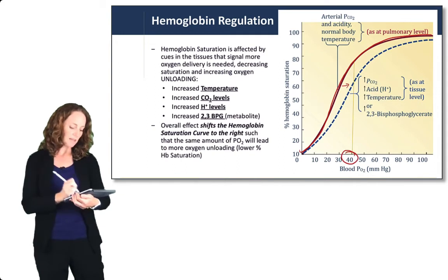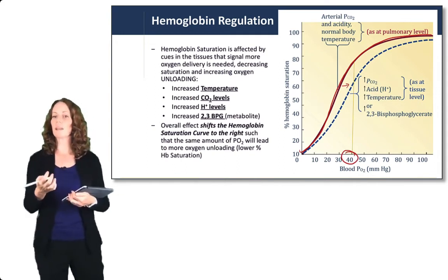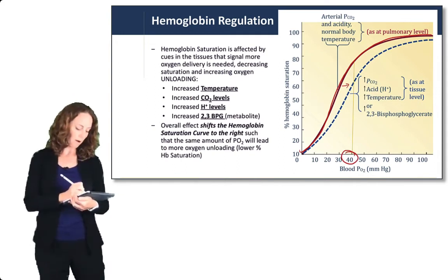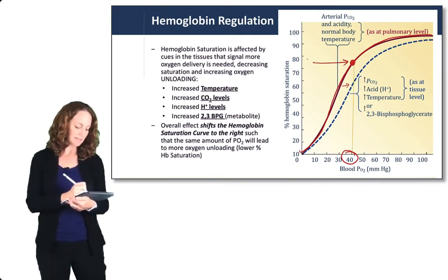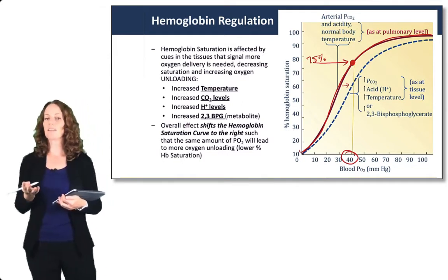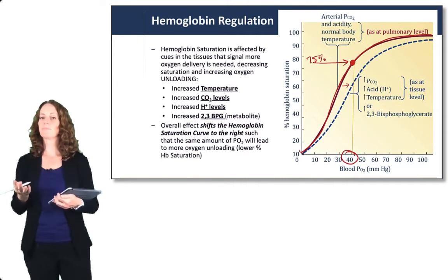So if we go down here for our PO2 of 40, we're back to where we were on the original graph. At this PO2 of 40, we can see that we had about 75% saturation of hemoglobin.